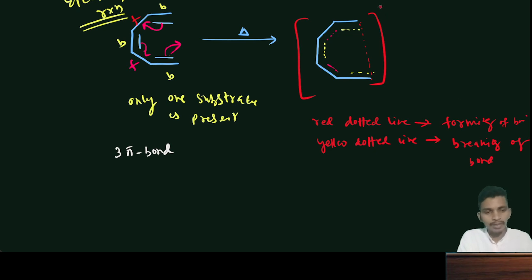So this type of transition state will form here. This is a cyclic transition state. After that, we will make the product.